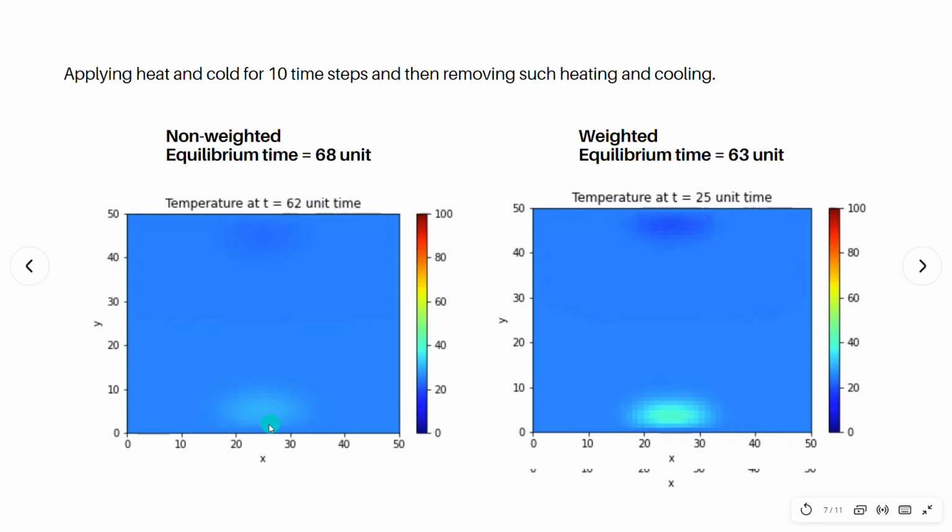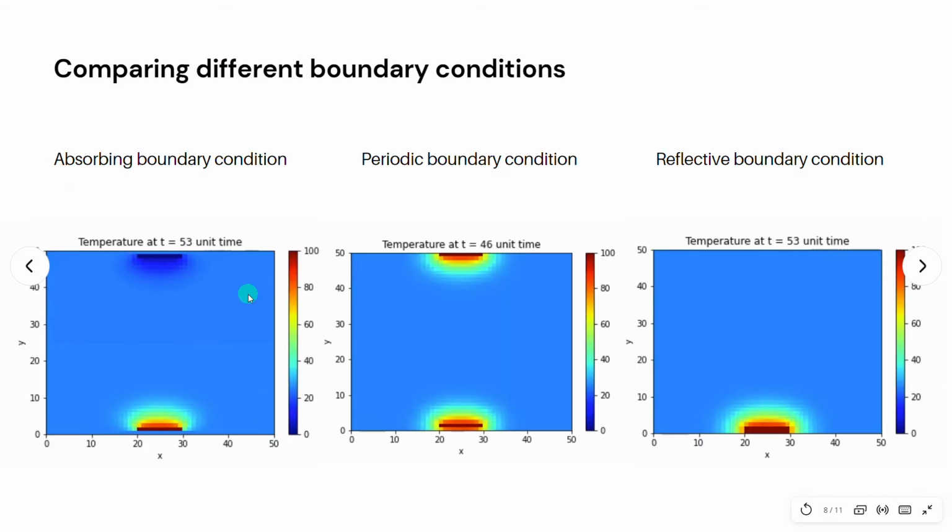Also, from the simulations, we can see that the dark red and the dark blue spots disappear after t equal to 10 time units. Now we try to analyze various boundary conditions.